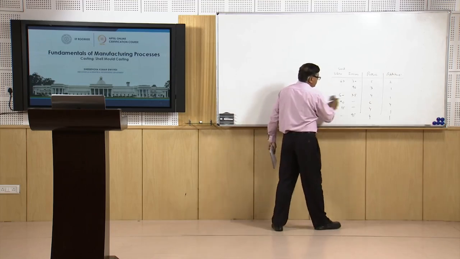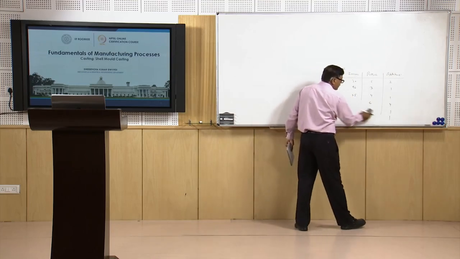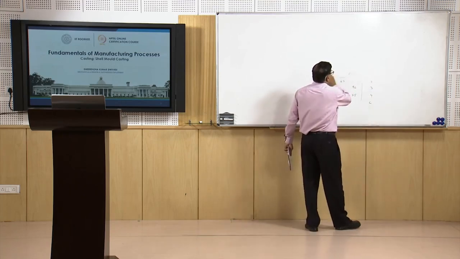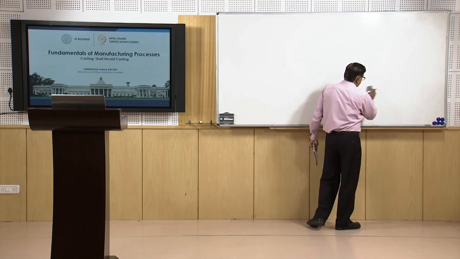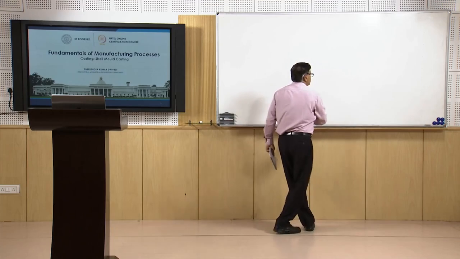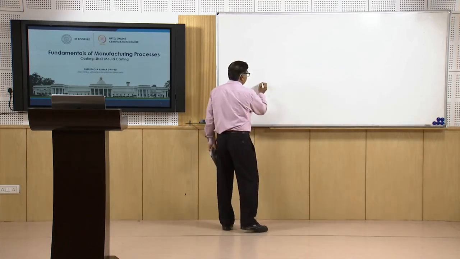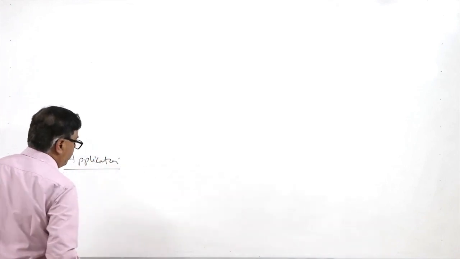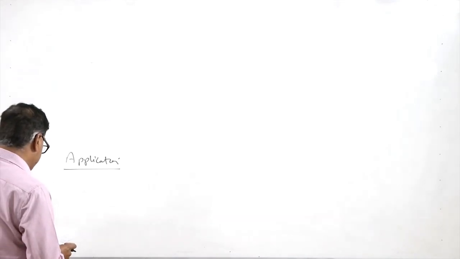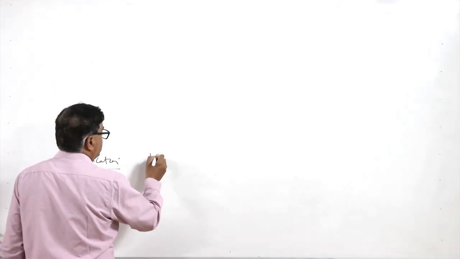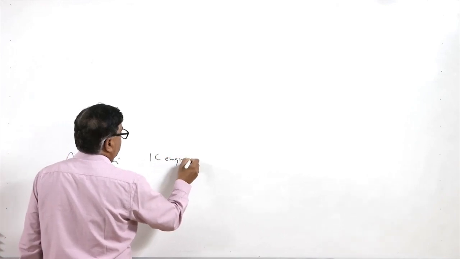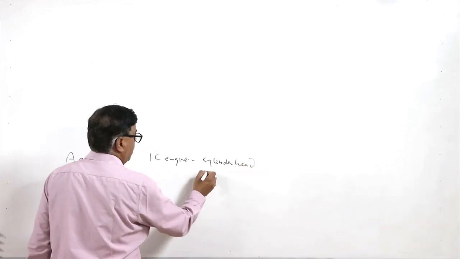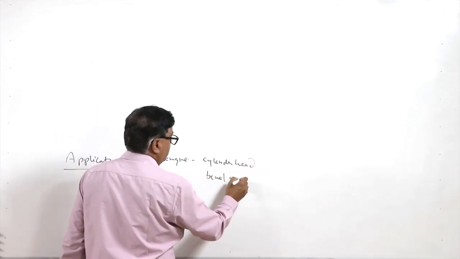The shell mold casting process is used for very simple shapes, but with much closer control over the dimensions and the surface finish. This process is mainly used for preparing components like IC engine cylinder heads and bevel gears.